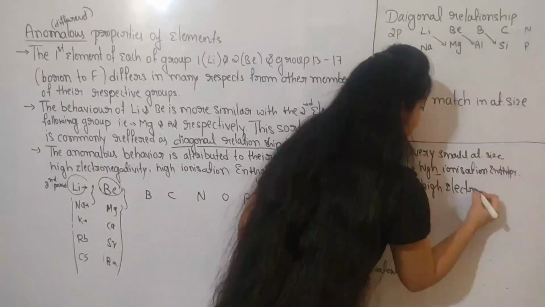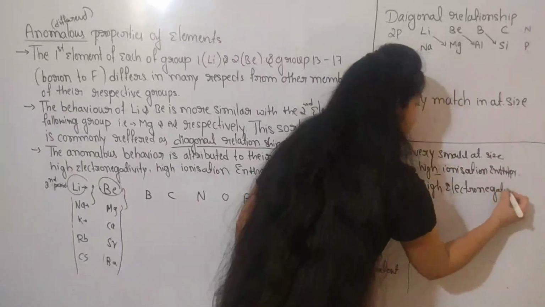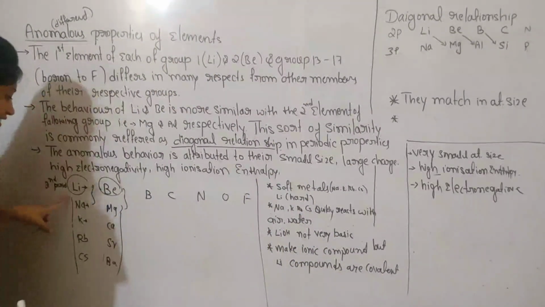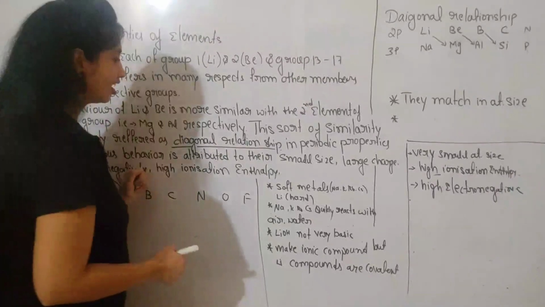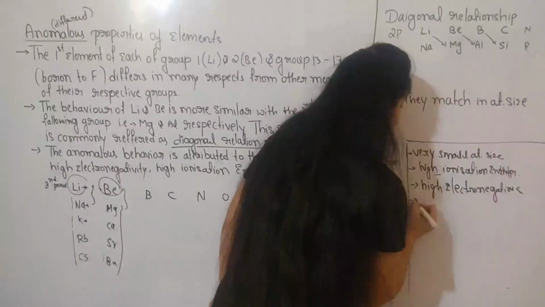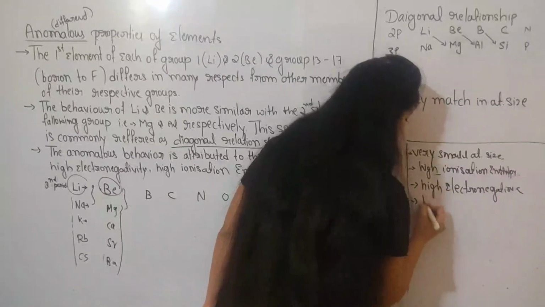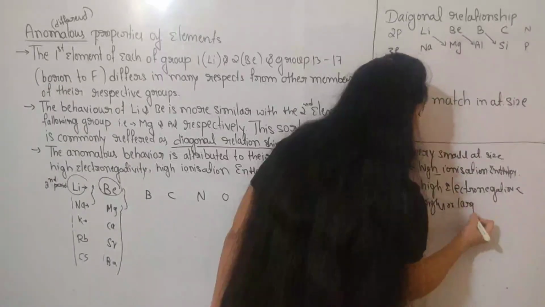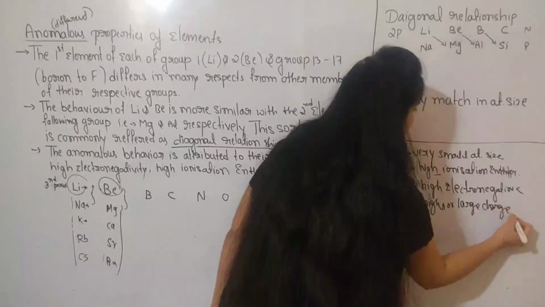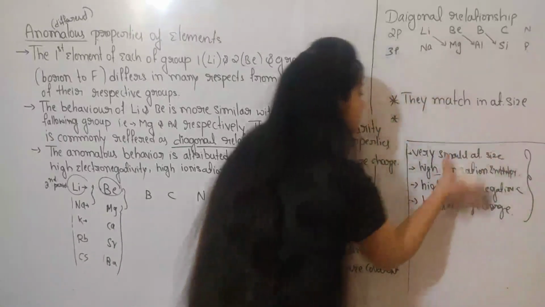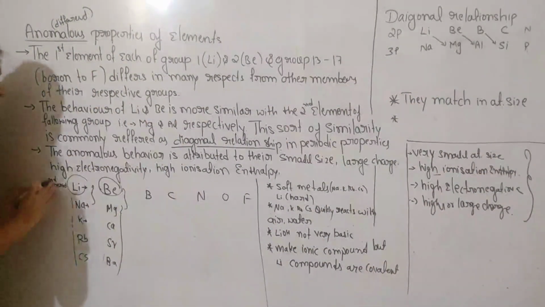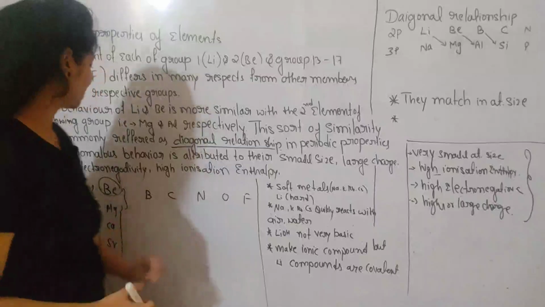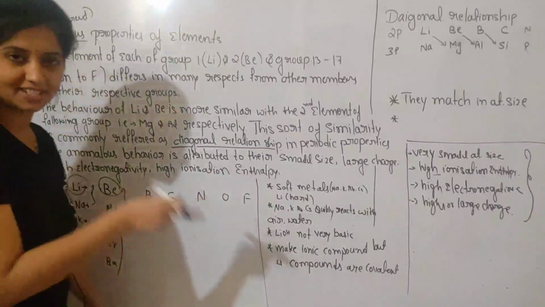High electronegativity means they have a high capacity to attract electrons compared to these elements. And the next reason is that they have a high nuclear charge, a large charge. So these properties make the second period elements show different or anomalous properties than the rest of the elements present in their group.